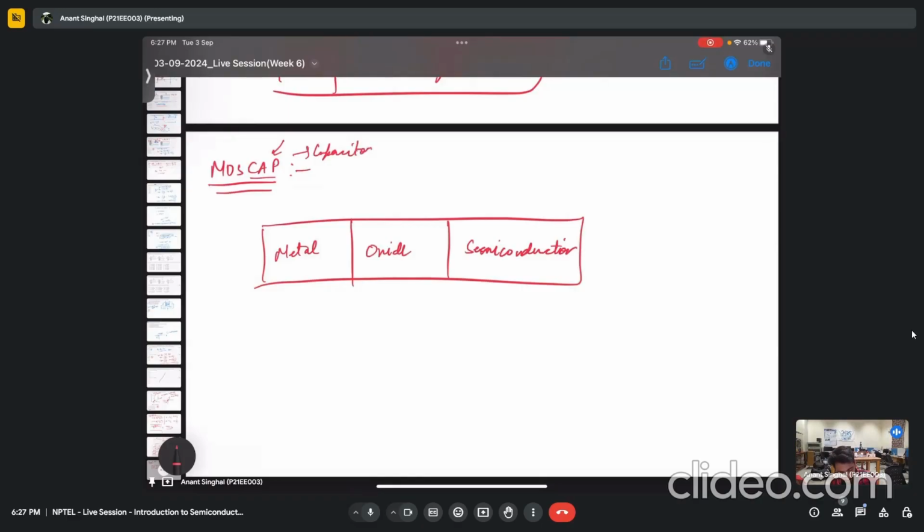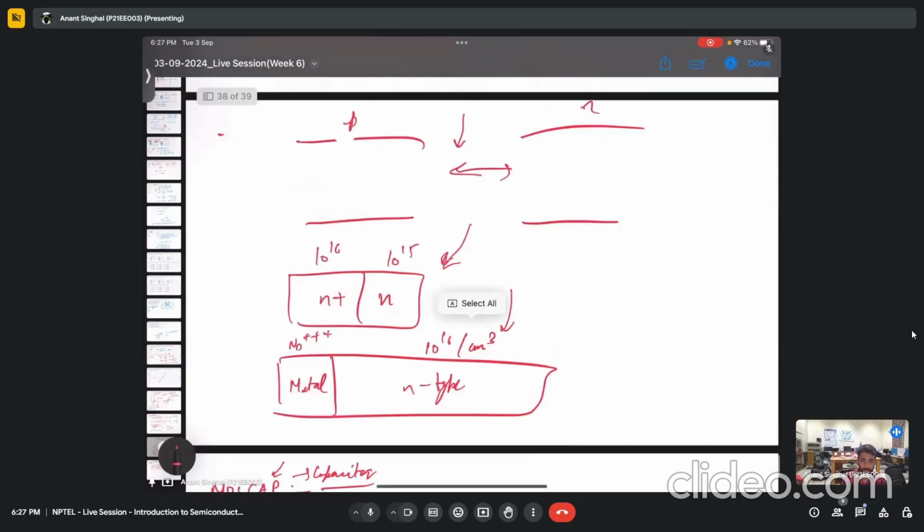We'll be learning how it acts like a capacitor in tomorrow's class, and we'll be seeing what the basic characteristics are and why it is very important. So I again request you not to miss tomorrow's class, that will again start from 5 p.m. For now, if you have any doubts in this semiconductor junction topic, you can ask. Otherwise, we can dismiss today's class a bit earlier.